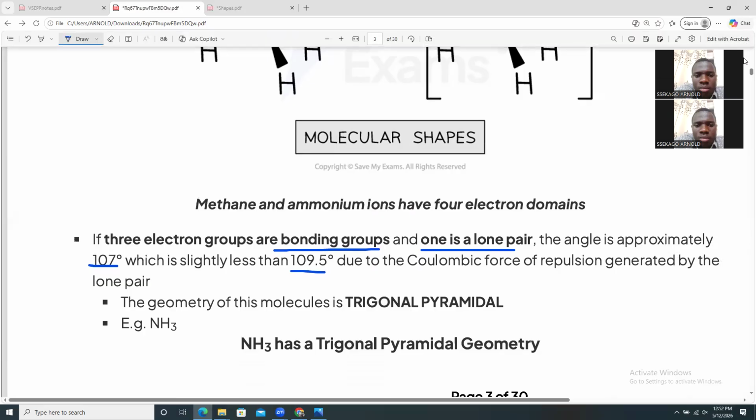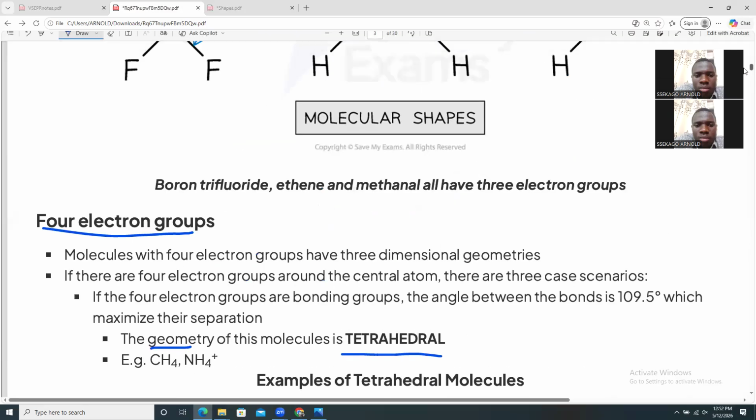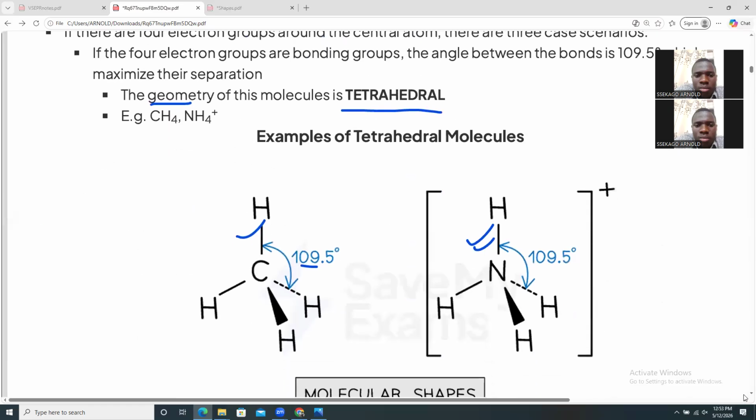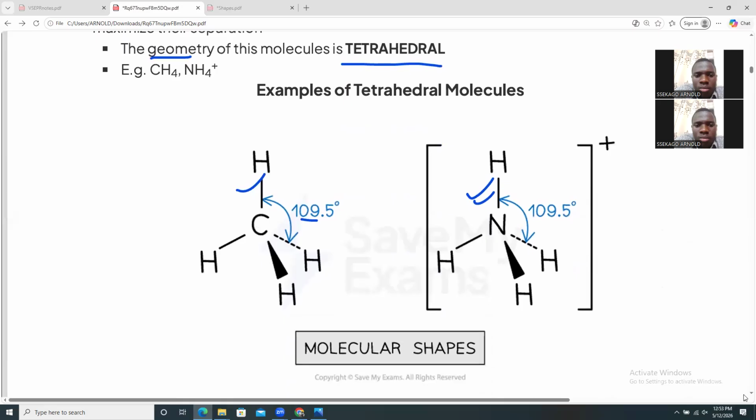There is no way you will say that the shape of methane is similar to that of ammonia. No, they are different. They also have different numbers of atoms. Within methane, you have 4 hydrogens. Within ammonia, you have 3 hydrogens.